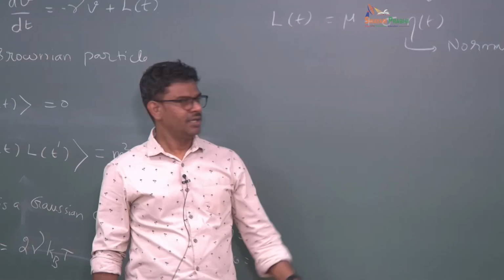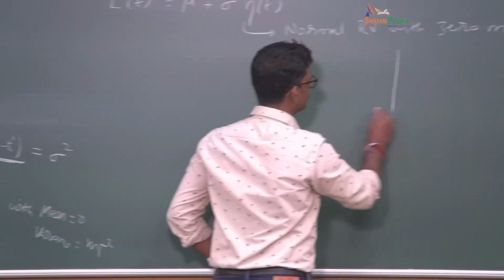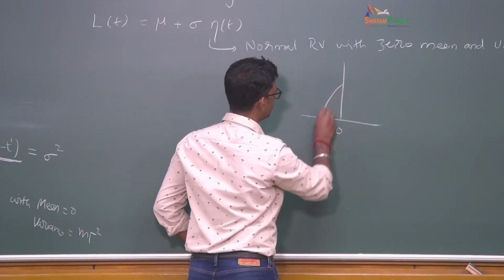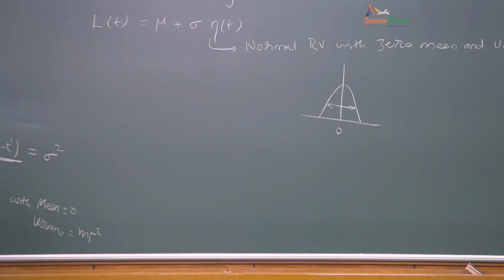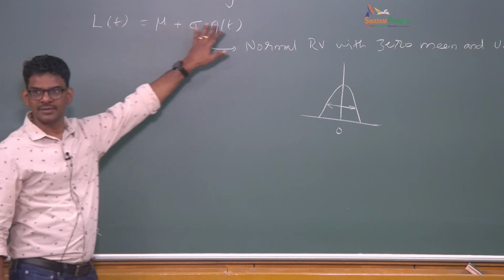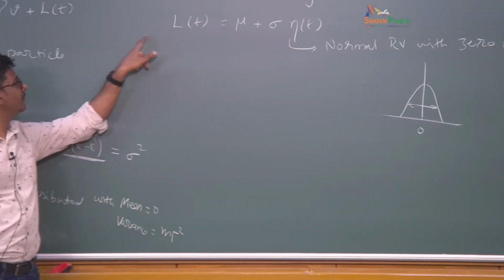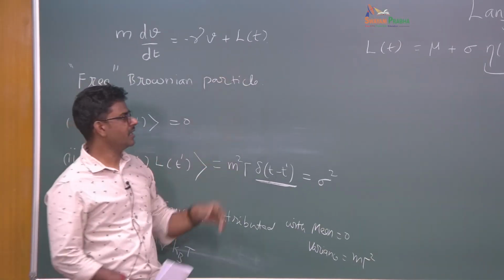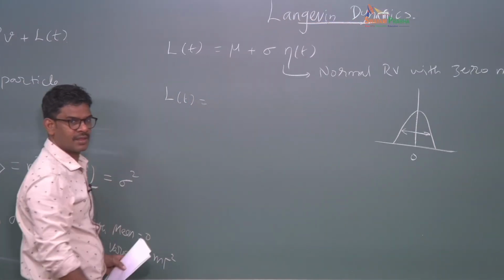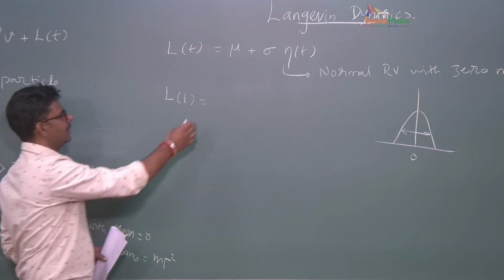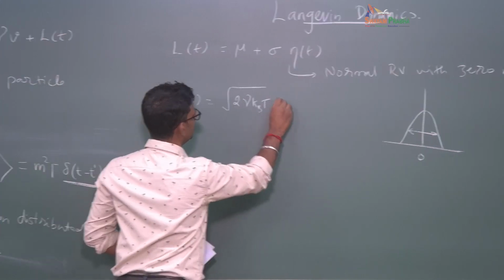Whenever you call a function, you should get a number that has 0 mean and variance 1. Once you get that and operate with this, you have created an instantaneous random force needed for this particular time. So substituting here, mu is 0, and L of t becomes sigma, which is the square root of 2 gamma kBT, times eta of t.